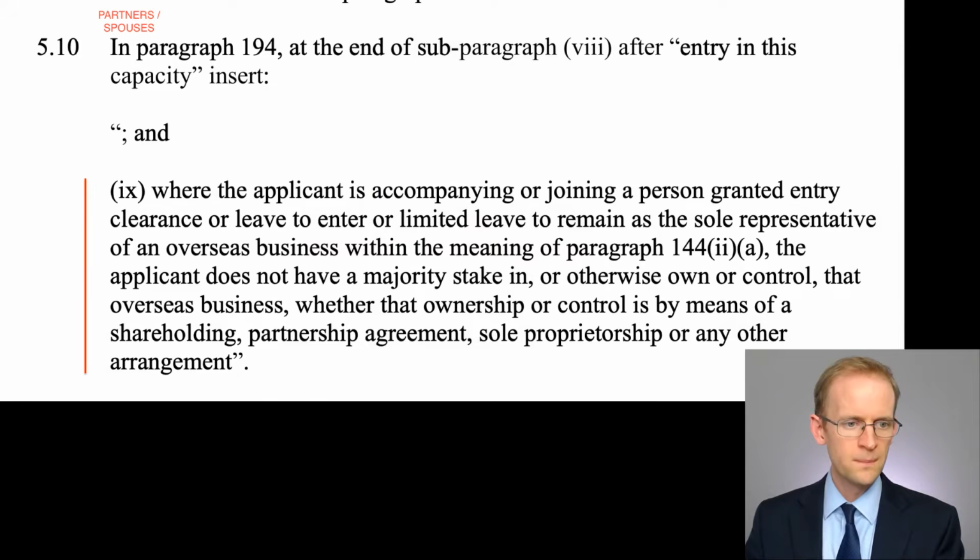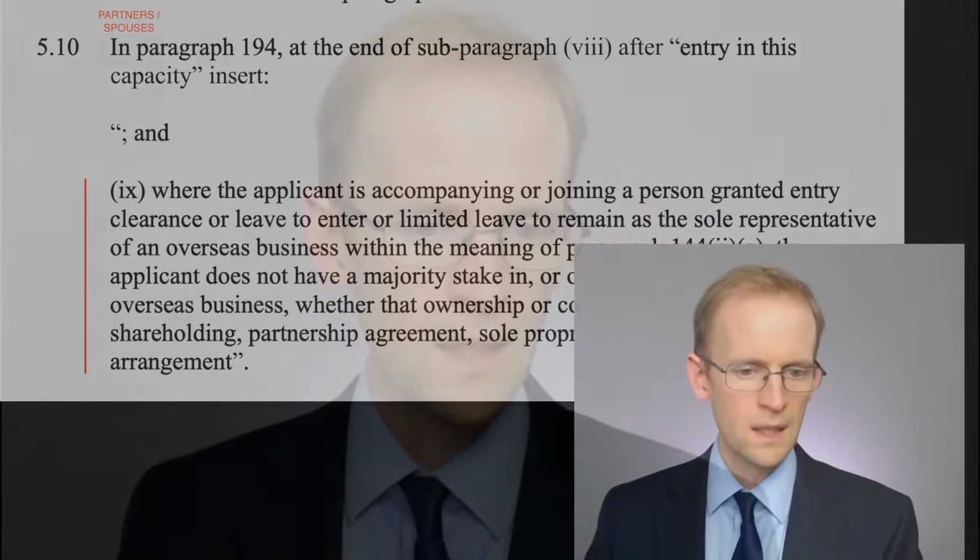Now, the other important requirement relates to spouses or partners. I do speak to people, typically but not always men, whose wives have some role in the business.